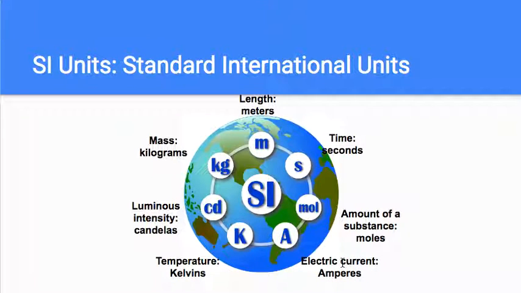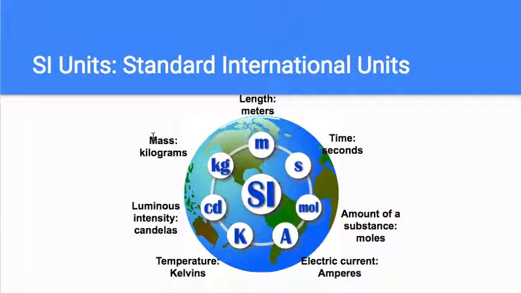For electric current, so the actual flow of electricity, we call that amperes, probably more commonly known as amps. We also have for temperature, it's kelvins, which is just a slight variation on Celsius. And we'll talk more about that later on in the semester. For light, luminous intensity, the brightness of a light, it's called candelas.